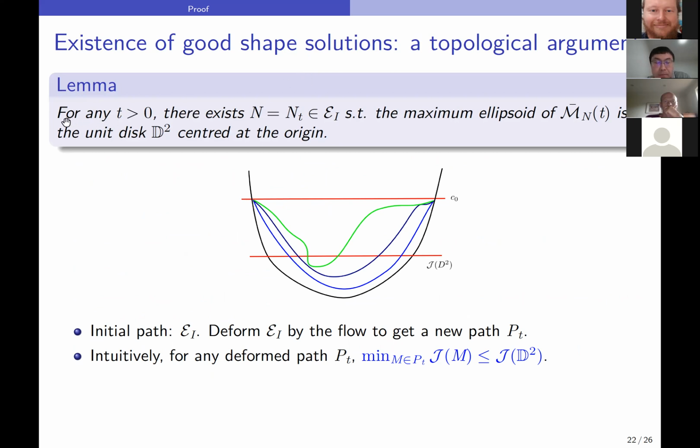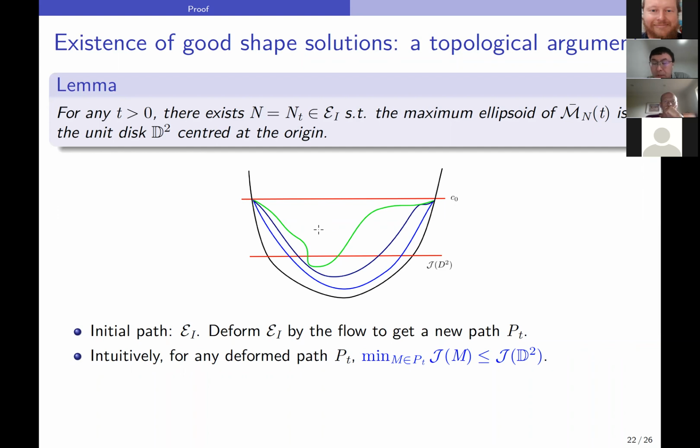So that means for any time t, we can always find the initial ellipse in our initial set EI, such that the maximal ellipsoid of our modified flow starting from n is the maximal ellipsoid of mn bar t is a unit disk D2 centered at our origin. So that means it is of good shape.